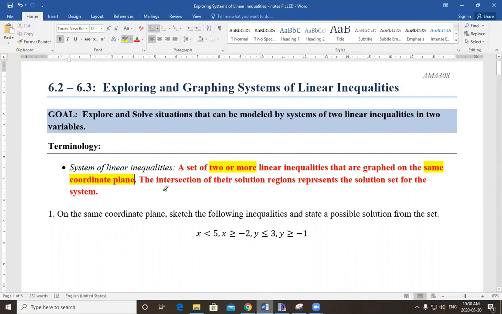Now, how do we find the solution set for the system? Well, we look for the intersection of their solution regions, okay, and that represents the solution set for the system. And as we go through our look at Desmos and graphing, you'll see quite quickly how this works.